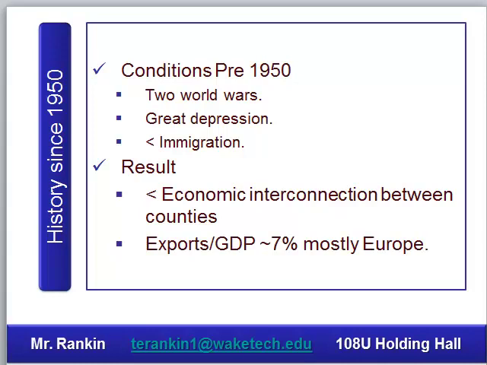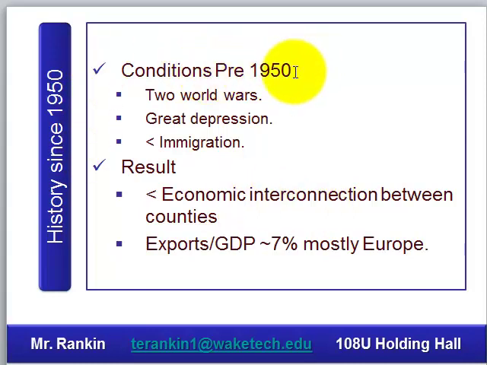Now let's talk about the amount of trade, or what some people call economic interdependency. We're going to measure that by how much is produced by the world and how much is traded. So how much do I produce and keep in country versus how much do I export?